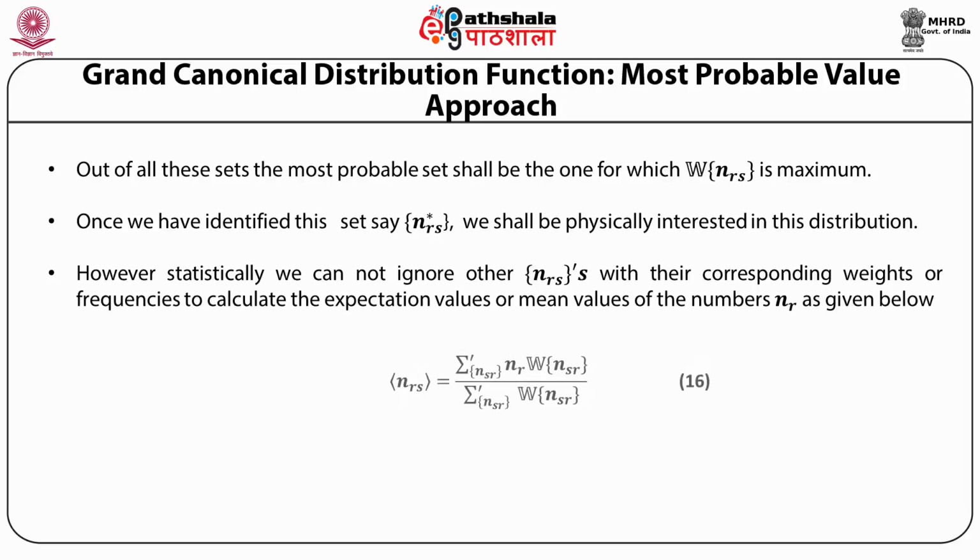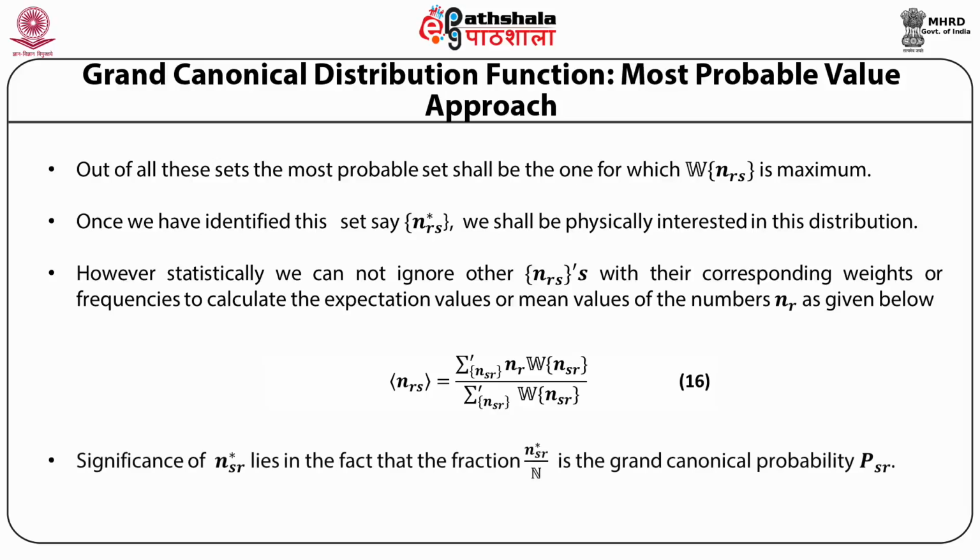That is, the mean value of n_r is equal to summation over n_sr dash of n_r multiplied by W of n_sr, divided by summation over n_sr dash of W of n_sr. The significance of n star sr lies in the fact that the fraction n star sr divided by the total number of identical systems in the ensemble is the grand canonical probability P_sr.